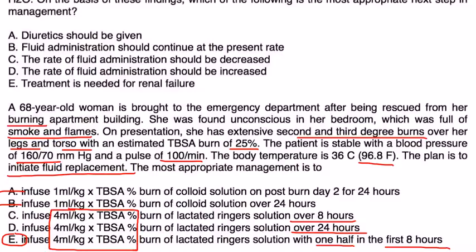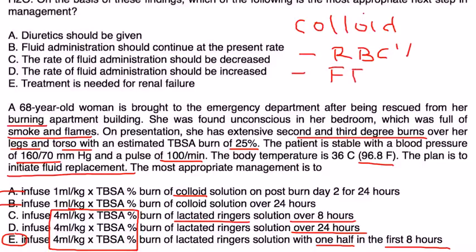Just before I close, I wanted to point out the difference between colloid and lactate Ringer's. Colloid solutions, for those of you who don't know, examples of those are red blood cells given to patients, or fresh frozen plasma, or albumin solutions.